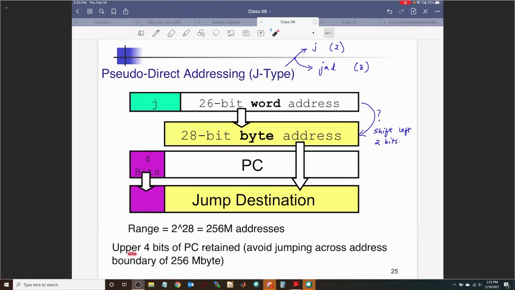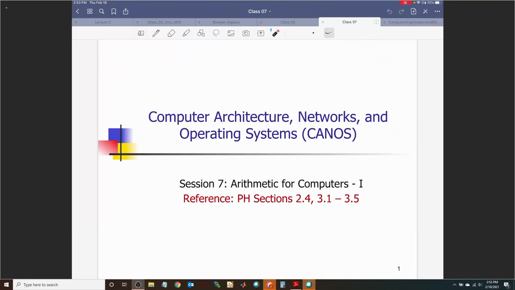So the upper 4 bits of the program counter are retained, and this actually avoids jumping across those 256 megabyte boundaries in the memory. So a longer jump, but still technically relative to the program counter. All right, so this completes our discussion on addressing modes that we had left off from the previous class. Now let's come back to our normal schedule, which is to talk about arithmetic for computers.